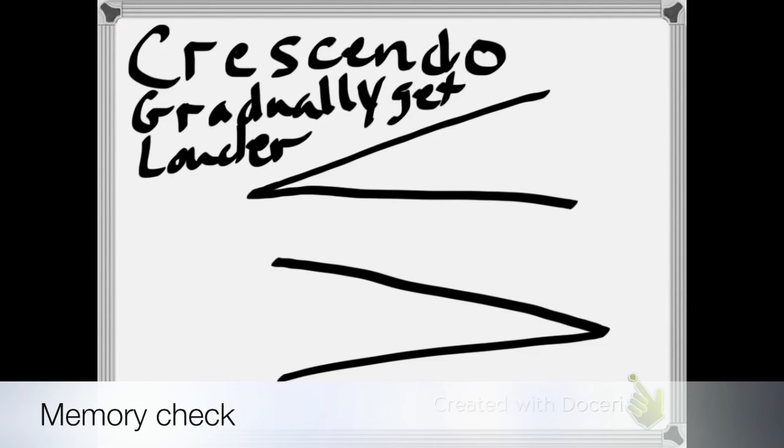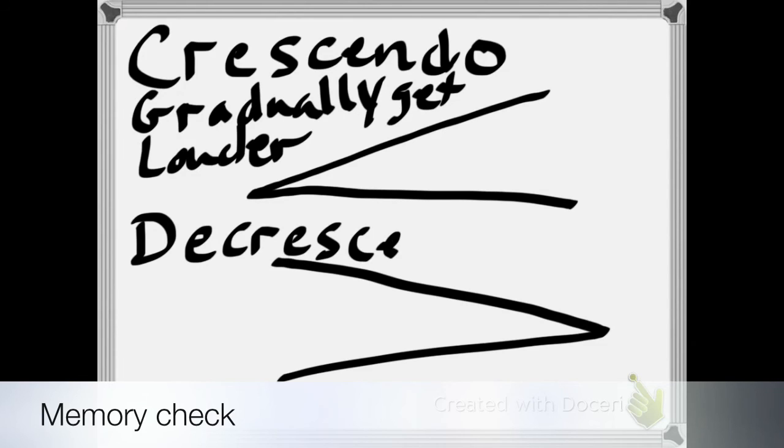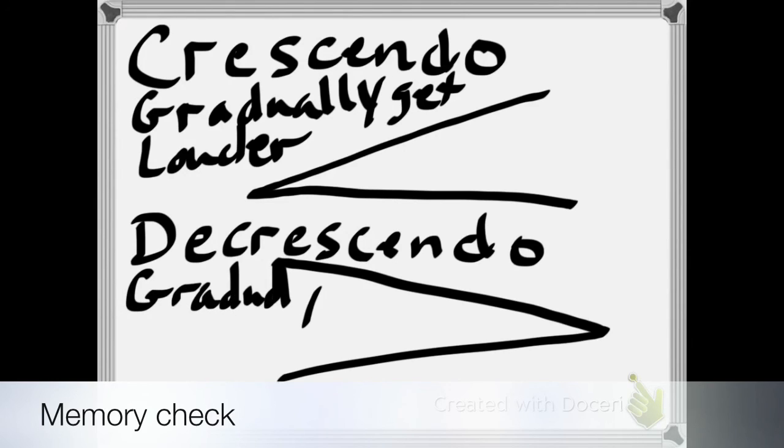And then what about our bottom symbol down here, which is facing the opposite way? What's that? It's decrescendo. That DE is pronounced day. And that means gradually getting softer.